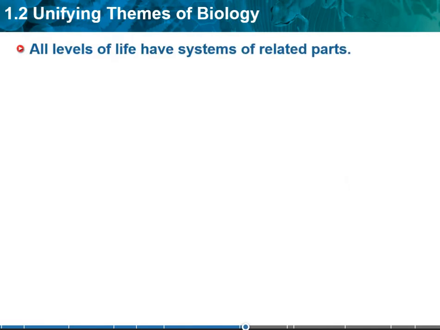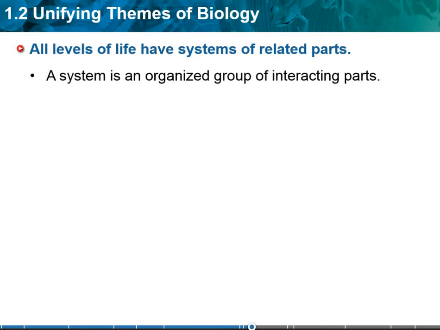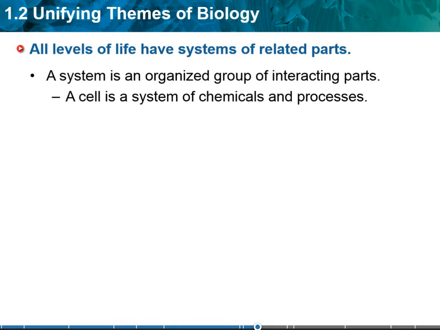So all levels of life have systems that are of related parts. A system is an organized group of interacting parts. A cell is a system of chemicals and processes. So there's all different things in that cell that make it up, and so you can consider it a system.